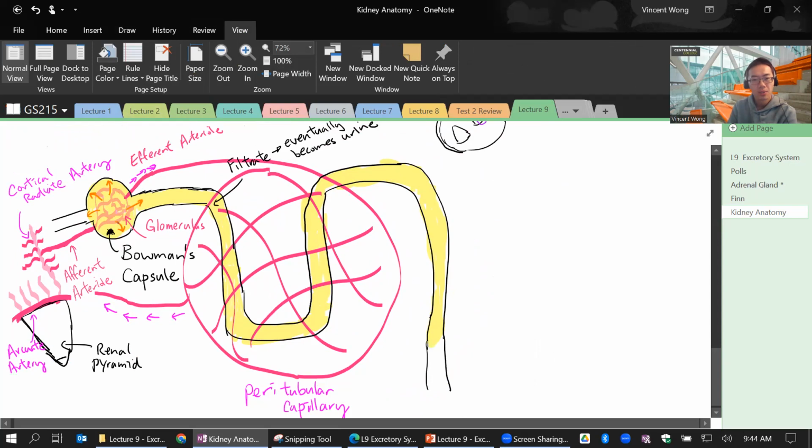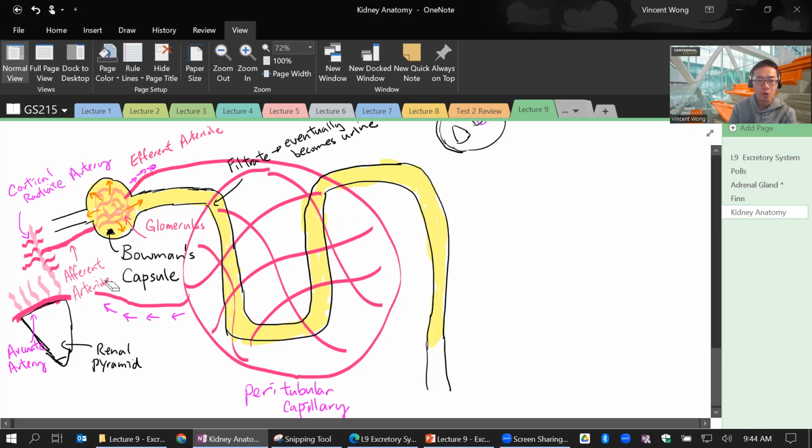Okay. So just a quick recap. The blood comes up from the cortical radiate artery, travels along the afferent arteriole into the glomerulus, where you will filter the blood. Whatever is not filtered will come back out into the efferent arteriole, which then opens up into another network of capillaries.